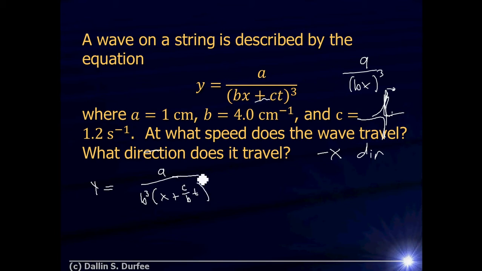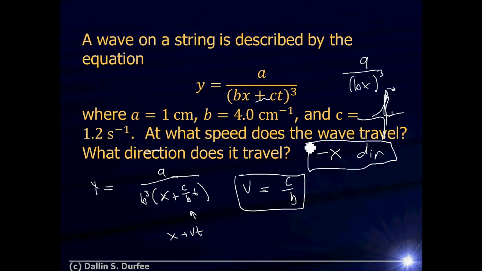And I'm like, oh, okay. So how fast do I have to change x with time? Well, if time goes up by 1 second, x has to go down by c over b. So the velocity is just sitting right there. Once I solve it in this form, it looks like x plus vt, and then I know the velocity is just c over b. Alright? So there we go.